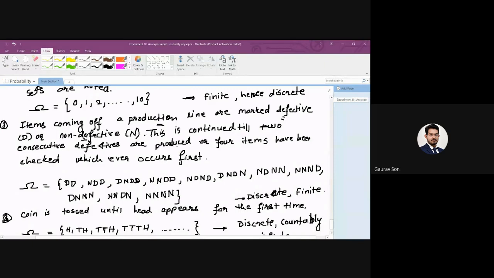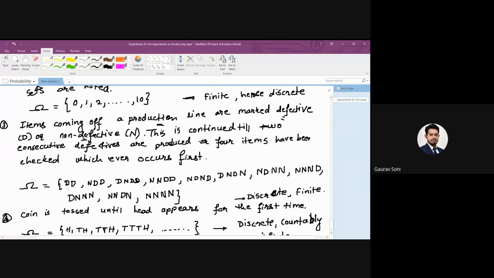Either I will get two defectives or I will get four non-defective items. The process is that an item comes, I mark it N or D, and if I get two defectives the checking will stop, or if I get four non-defective products.